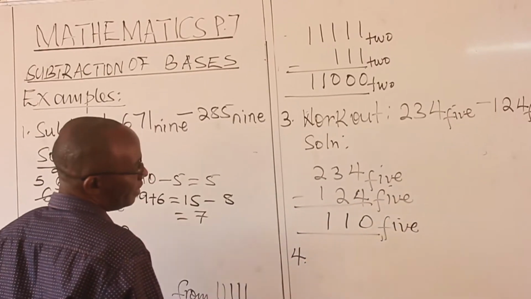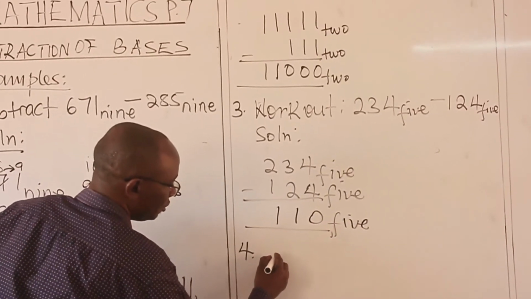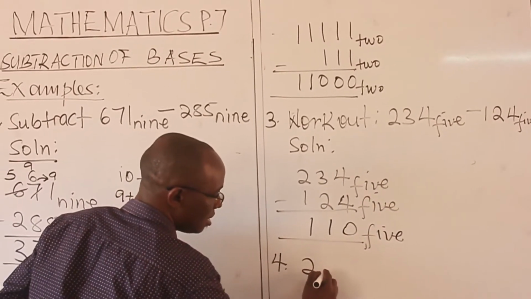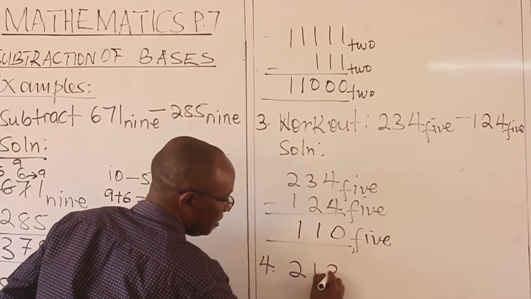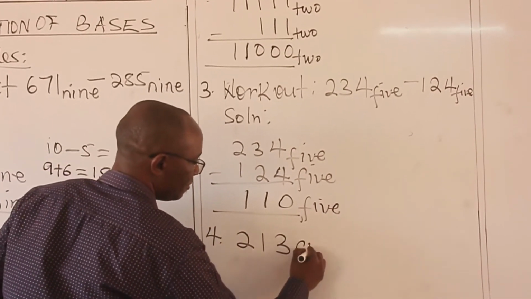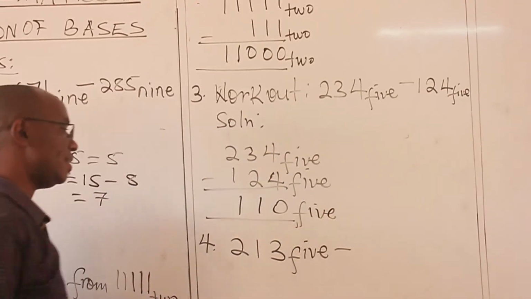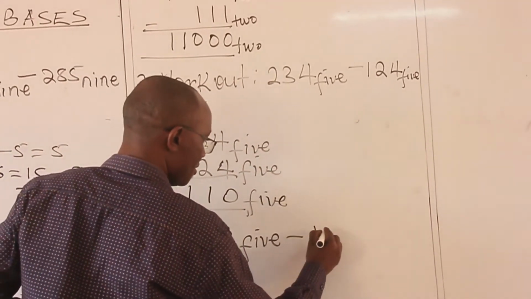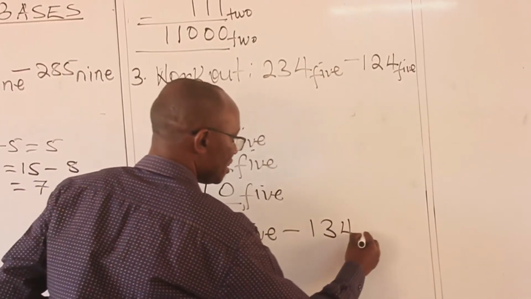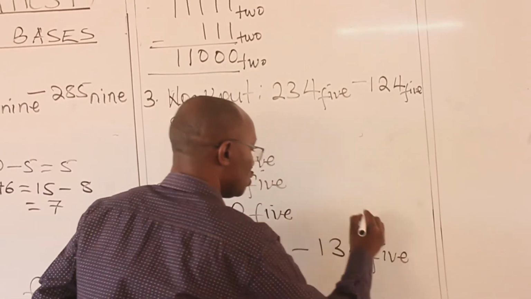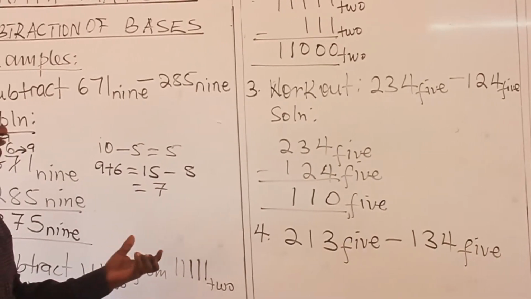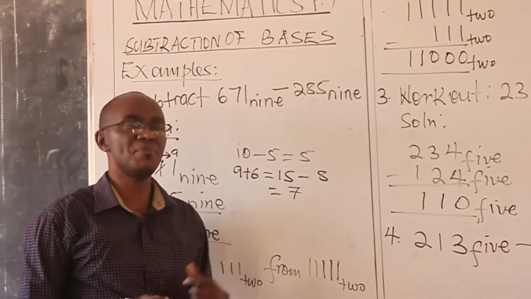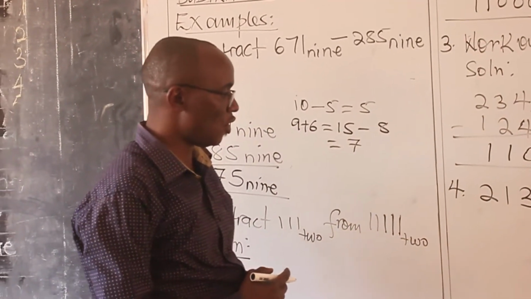So now we have 213 base 5 minus 134 base 5. So that is the question we have. Solution: we arrange it, 213 base 5 minus 134 base 5.